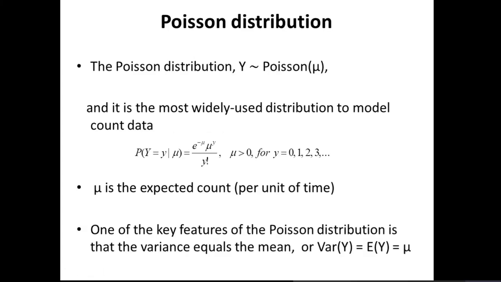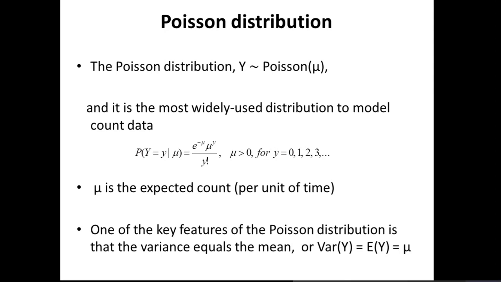Okay, what does the Poisson outcome look like? Let, for example, Y be an outcome. For example, Y can be CD4 count. So Y will have a distribution which is Poisson with a certain average mu.